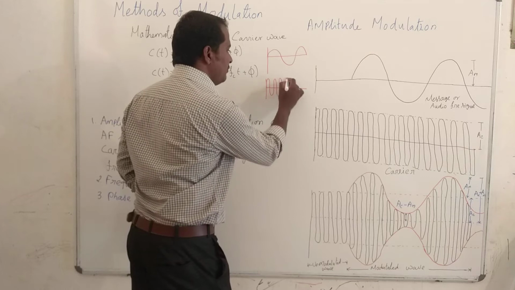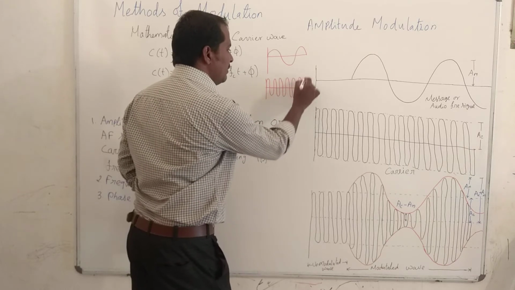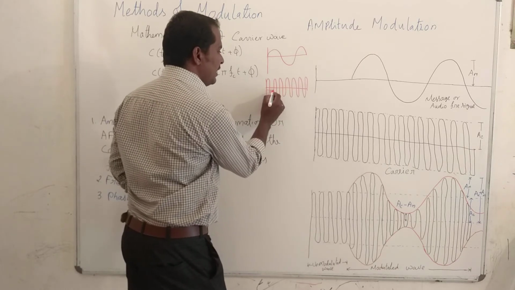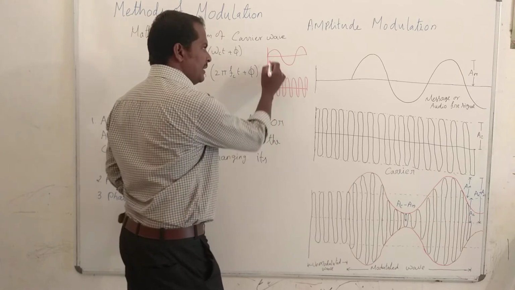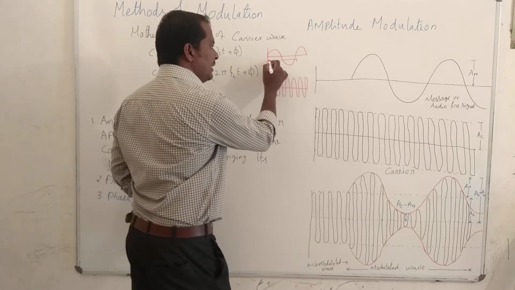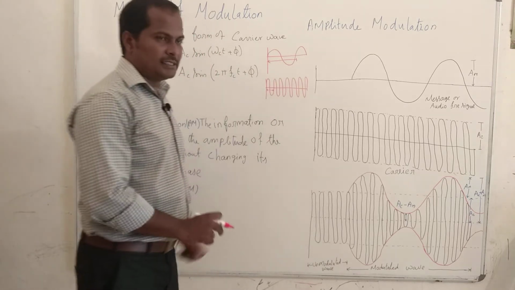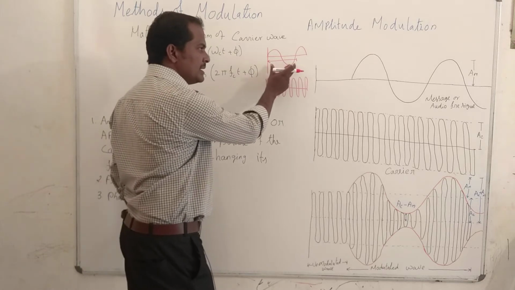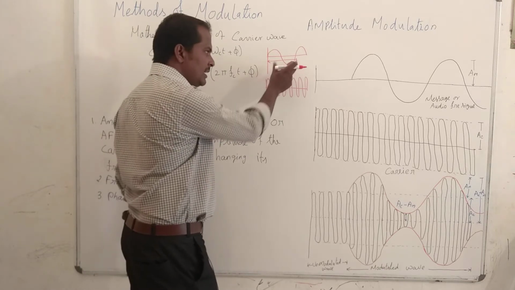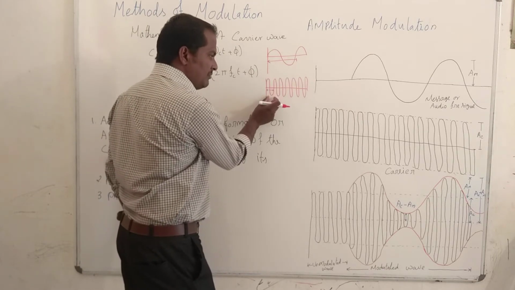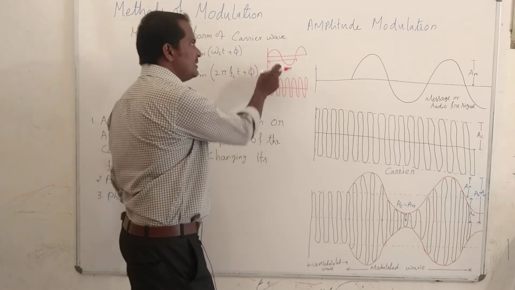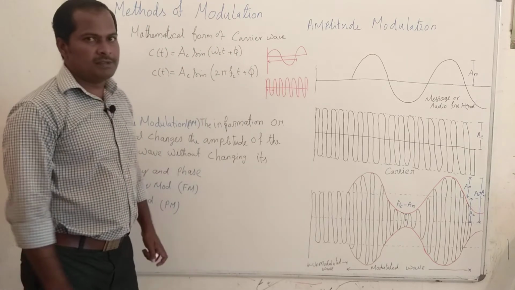For high frequency waves, the wavelength is less, and that's why the frequency is high. If the wavelength is high, the frequency value is less. So the low frequency baseband signal is mixed with the high frequency radiation. This is called modulation. We already discussed that.